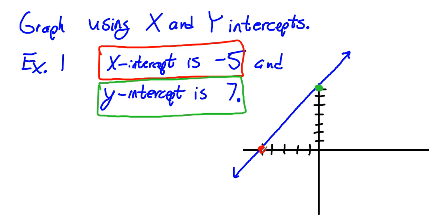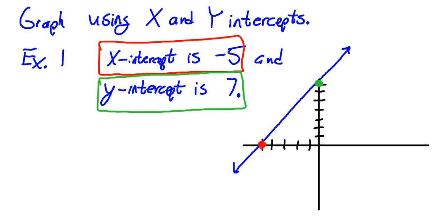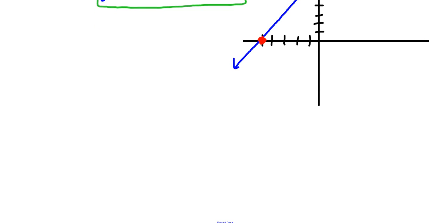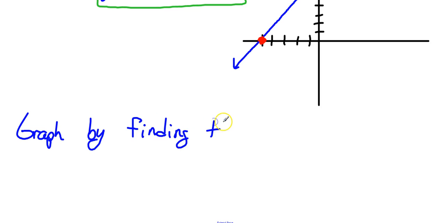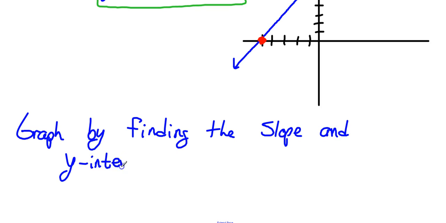Okay, and then the last thing on the graphing review is they ask you to find or graph the equation by finding the slope and the y-intercept.